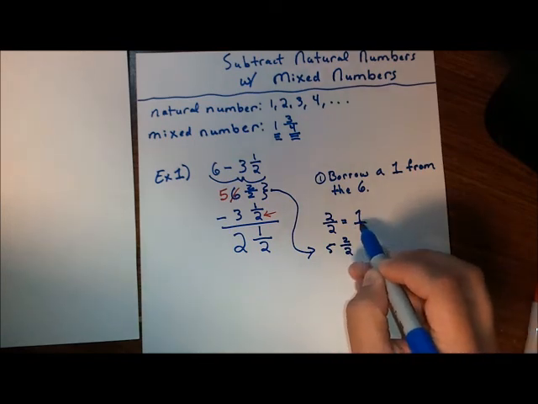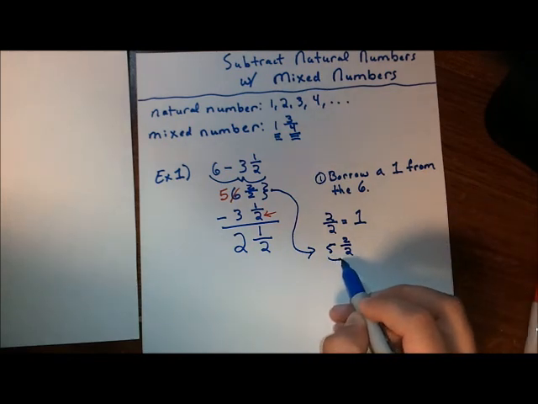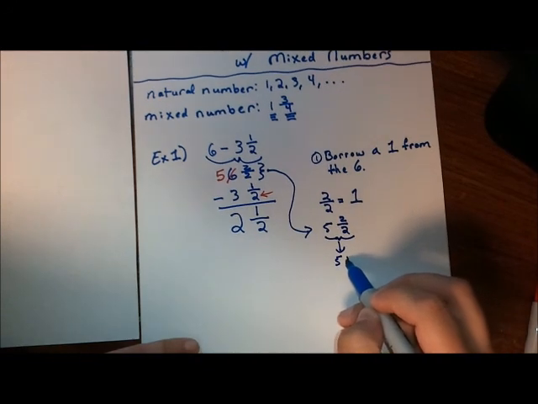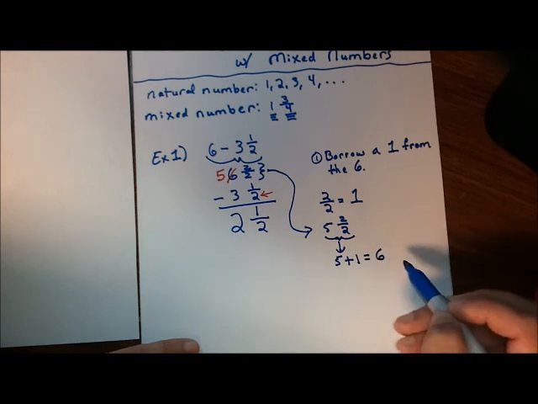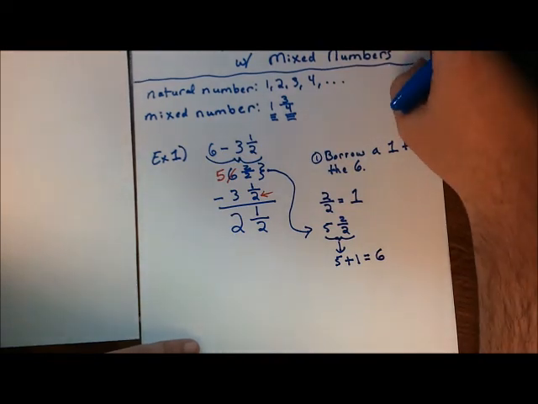What was 2 over 2? We said 2 over 2 was 1. So now this here can be written as 5 plus 1. And what does 5 plus 1 give us? 6. And that's our original number that we started out with. Let's go ahead and do one more example.